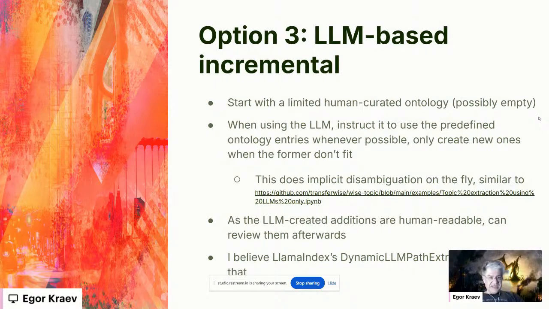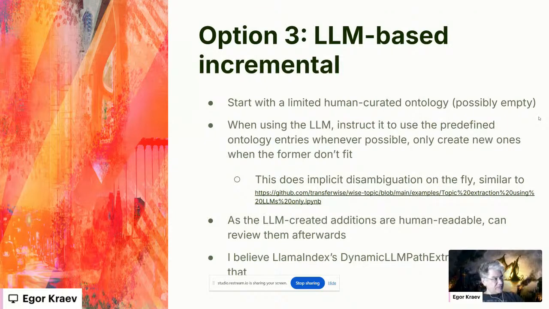And what this does is kind of implicit disambiguation. Because if there's a new relationship or entity in the text which really means the same thing as one you already have, it'll map it to that. Of course, like all LLM applications, it's squishy and might not work, but it will mostly work.